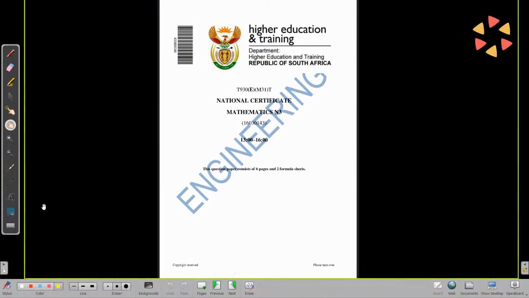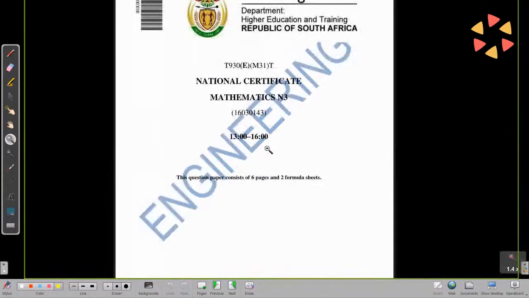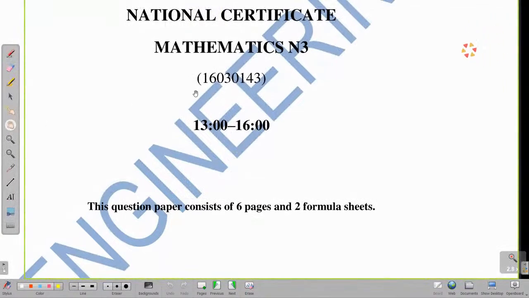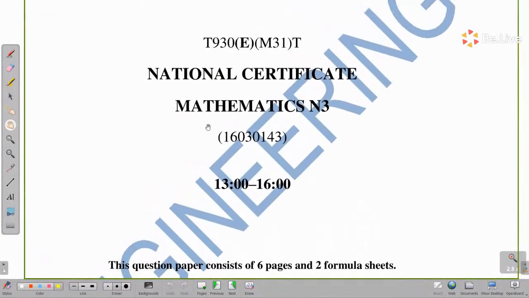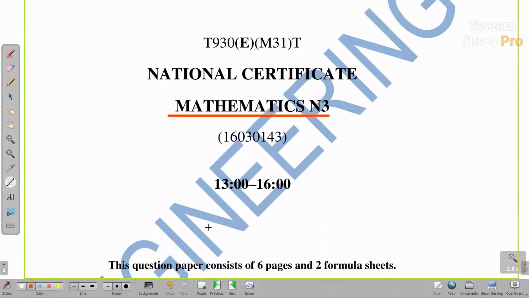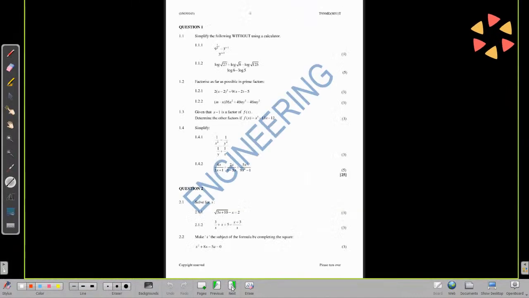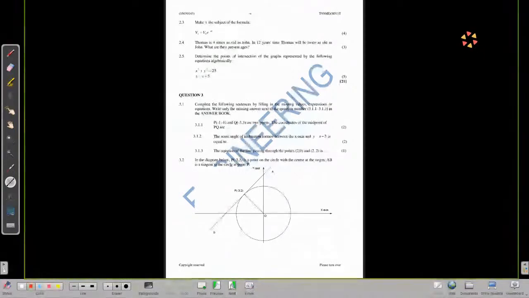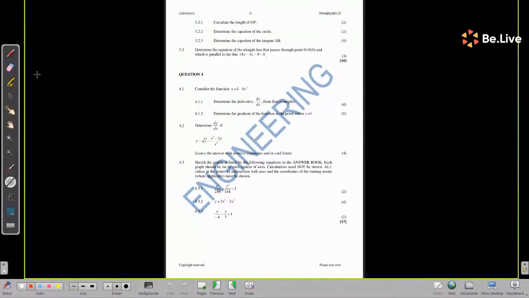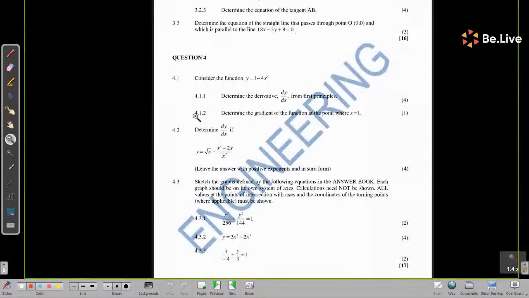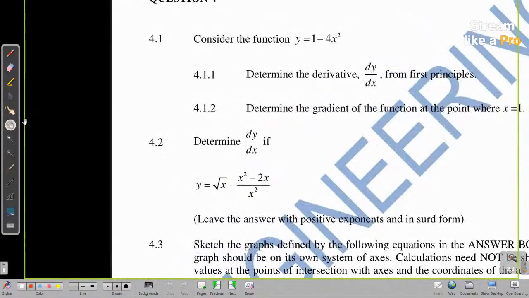So I chose a question here, and it is from a previous paper. As you can see, this is a math N3, and in this paper I chose to focus on the topic on calculus. So I just want to zoom in here so that you can see what I'll be dealing with.